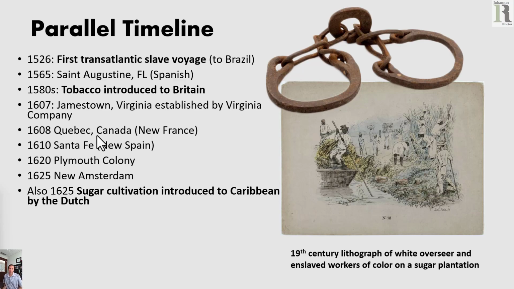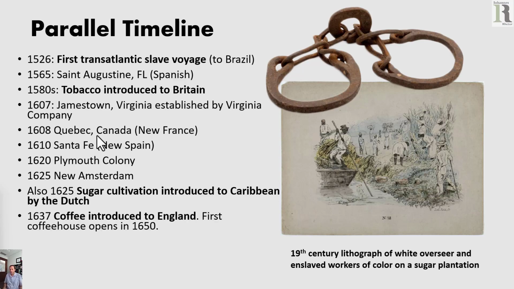Also in 1625, sugar cultivation is introduced to the Caribbean by the Dutch. And the cultivation of sugar was a huge trade. Sugar was the oil of the 17th and 18th centuries. It was a huge business. Europeans simply could not get enough sugar, and it accelerated the removal of people from Africa to work in incredibly harsh conditions in sugar plantations in the Caribbean for a very long time.